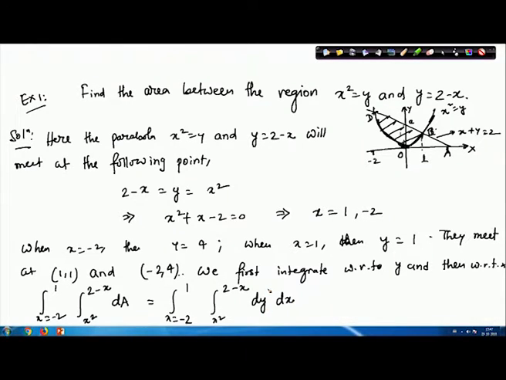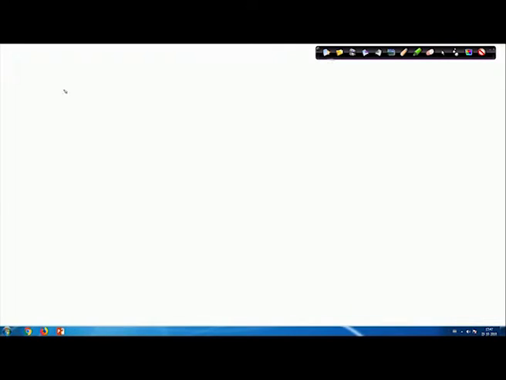If we integrate with respect to y first, then we'll end up with the integral from minus 2 to 1 of dy, so y, and then the limits would be x squared to 2 minus x, dx, and then we substitute the value.